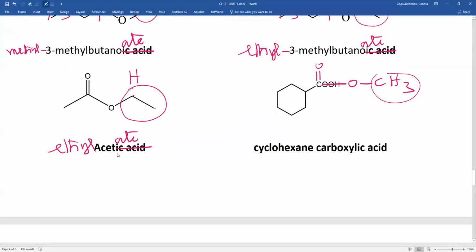So if you imagine a hydrogen in the place of CH3, you see a carboxylic acid. It is cyclohexane carboxylic acid. As usual, OIC acid. Put the ATE and write the name of the methyl group in the front. Methyl cyclohexane carboxylate.